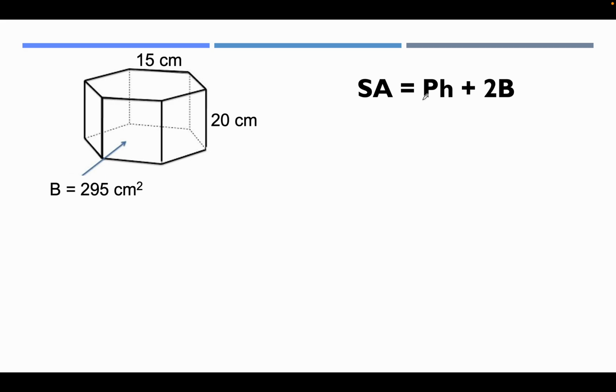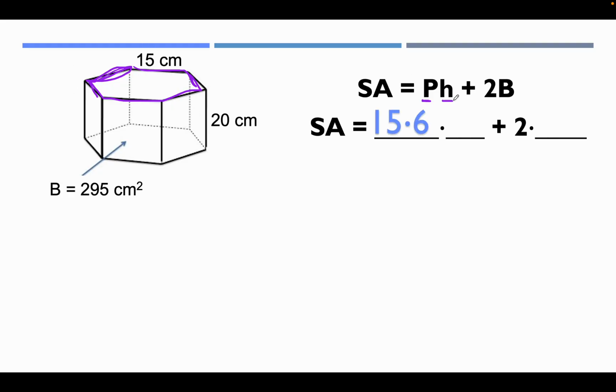So for a hexagon, when we find the perimeter of the hexagon, we just need to add up all of the sides. So the perimeter of the base, if the base is the hexagon, we are assuming this is what we call a regular hexagon, which means all the sides are the same. So the perimeter is 15 times 6 because there's 6 equal sides.